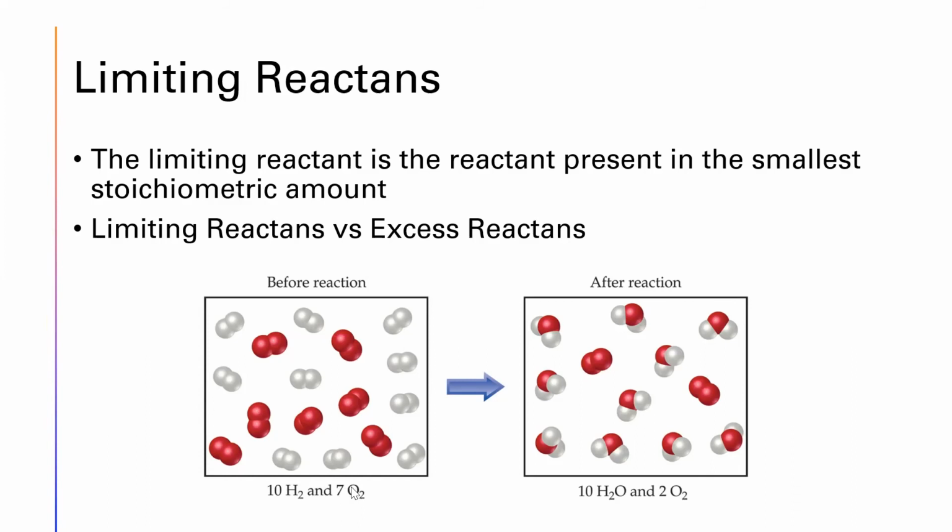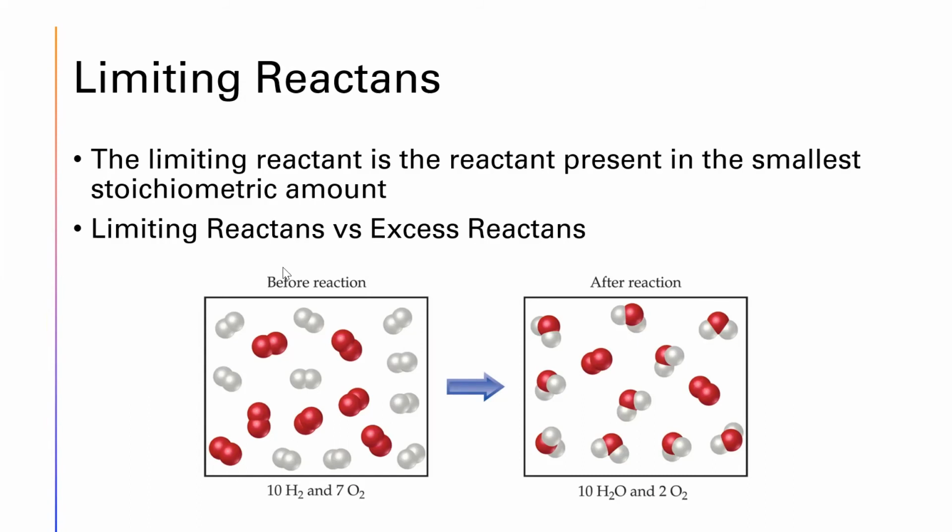Why should we know this? Because when the limiting reactant is used up, the reaction will stop. This is why we have to know about limiting reactants versus excess reactants, because the limiting reactant is simply defined as the reactant present in the smallest stoichiometric amount.